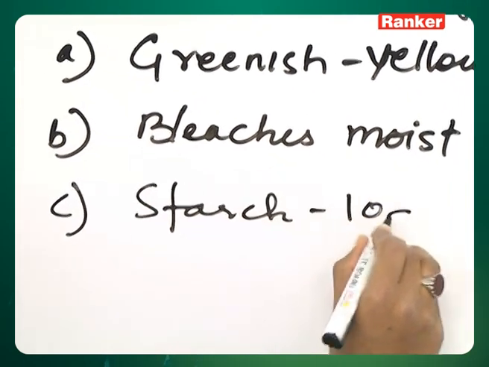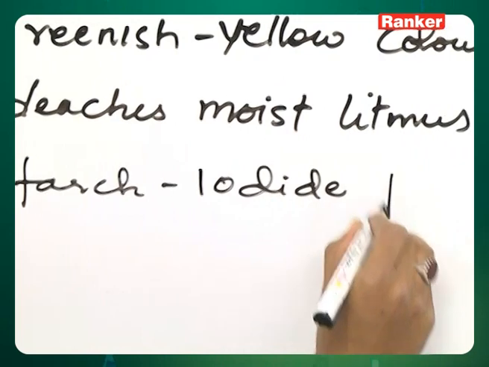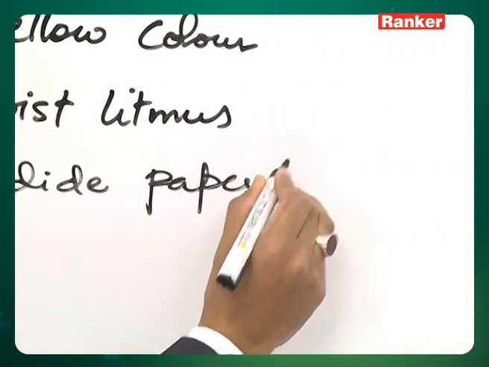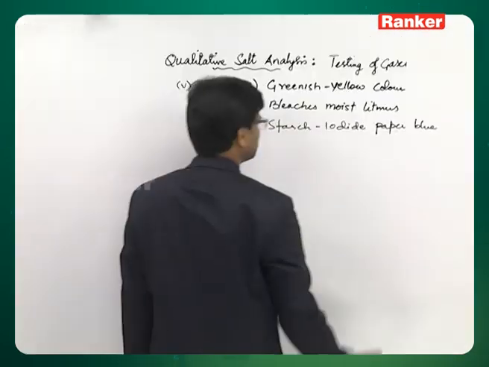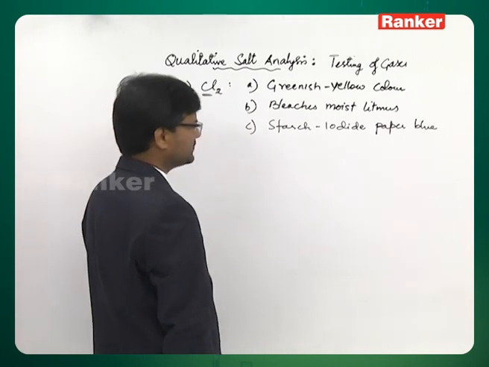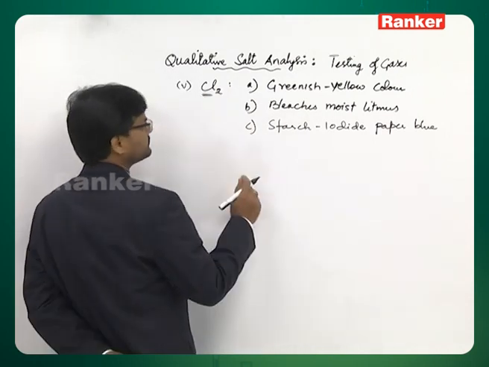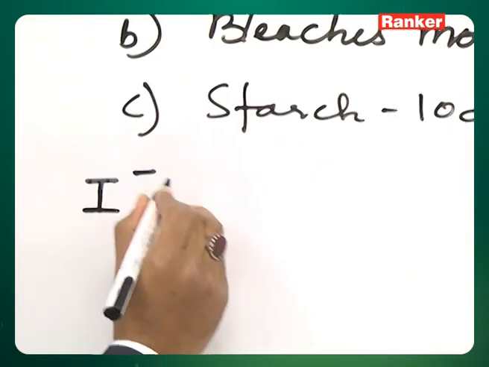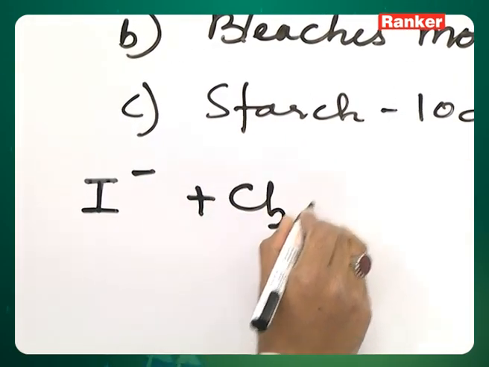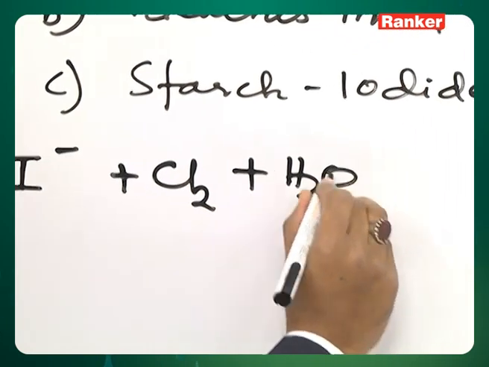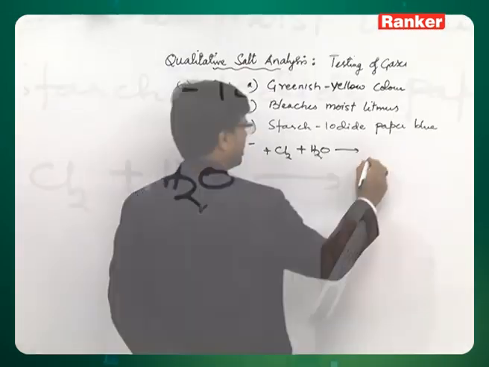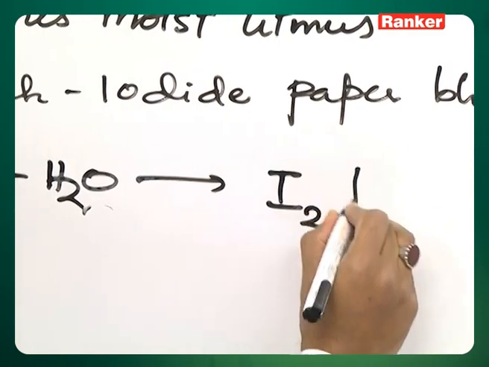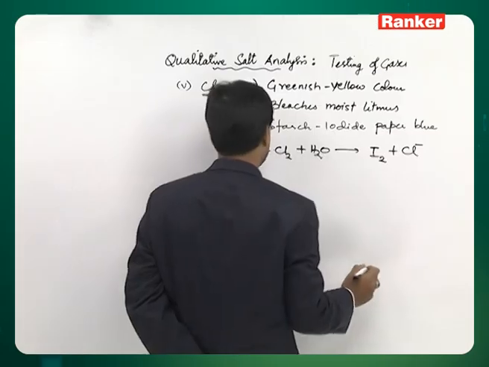It turns starch iodide paper blue. Look at the reaction. I minus, chlorine, moisture. I minus will get oxidized to I2, Cl minus.